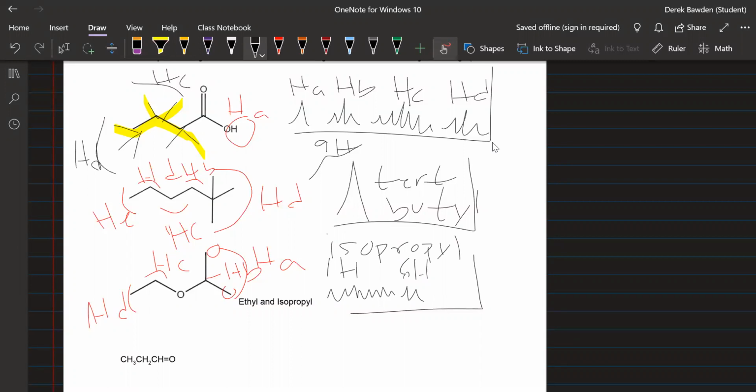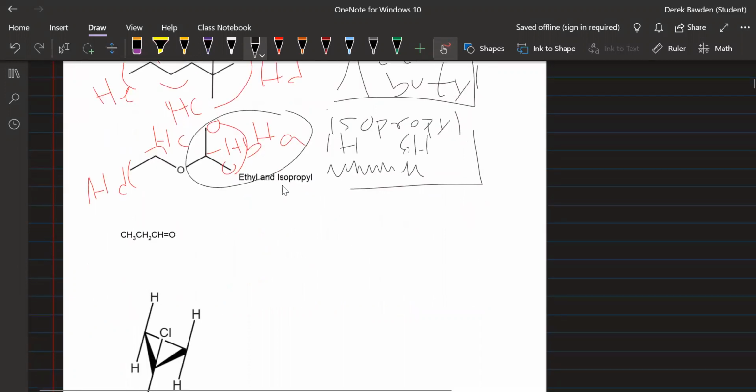So 1 hydrogen that's a multiplet and 6 hydrogens with 2 peaks, then you know you have an isopropyl group. So just look out for some of those patterns there.